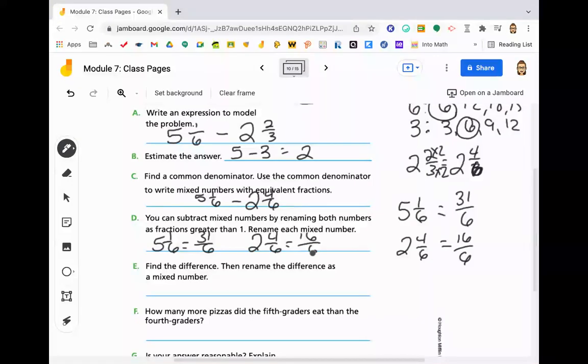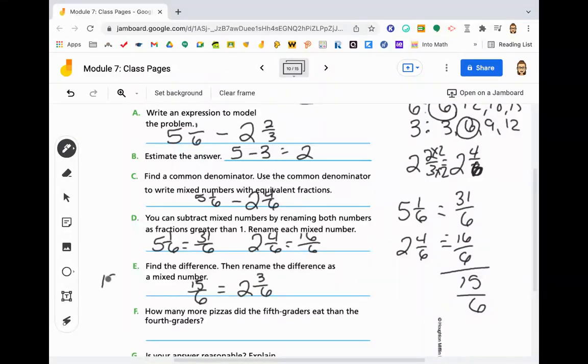And then we subtract. So we would do 31 minus 16 is going to be 15/6. And then we want to rewrite that as a mixed number. So 6 goes into 15 2 times with 3 left over.